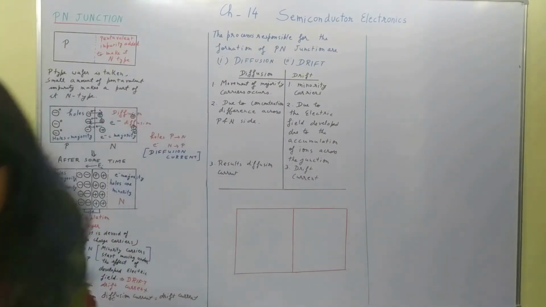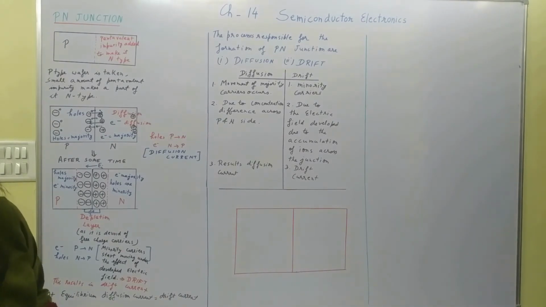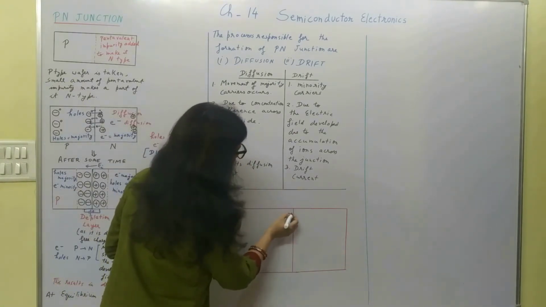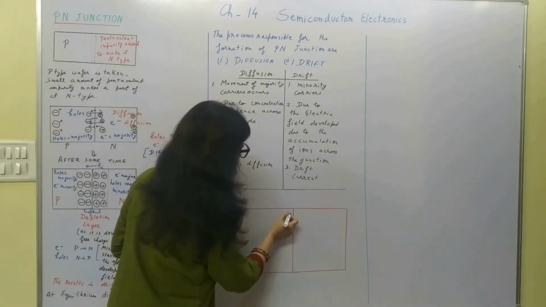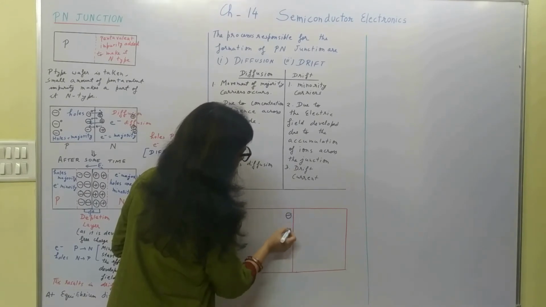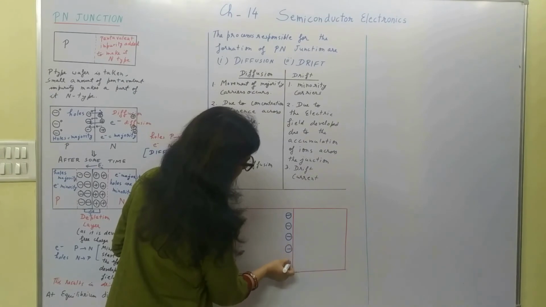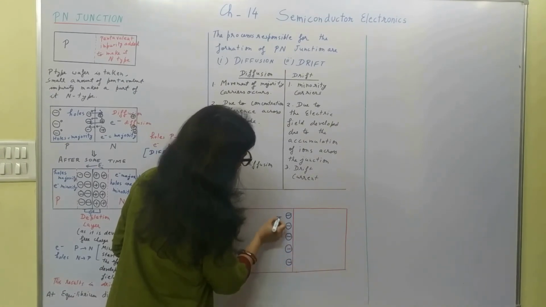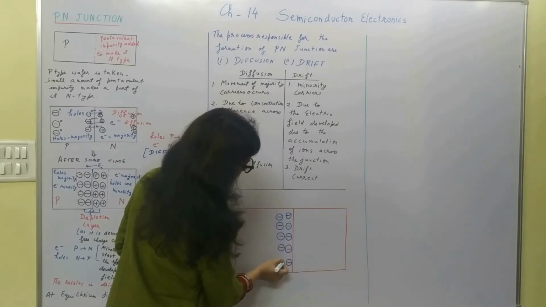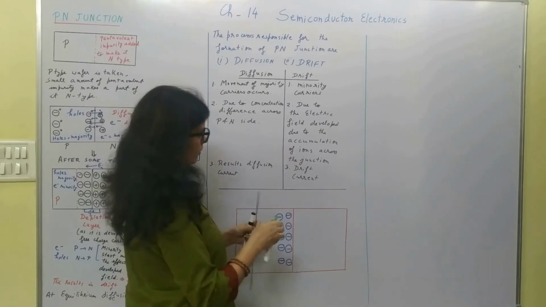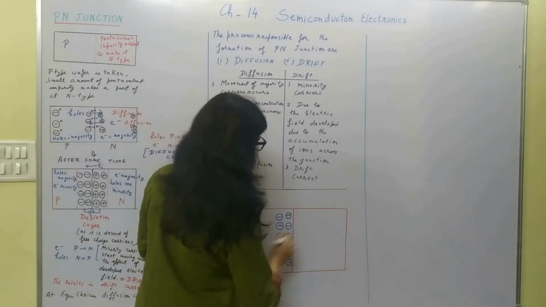So there is an accumulation of charges around this junction. So here there will be accumulation of negative and here on the other side positive charges will be accumulated.